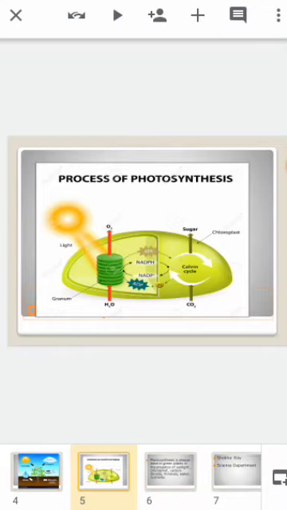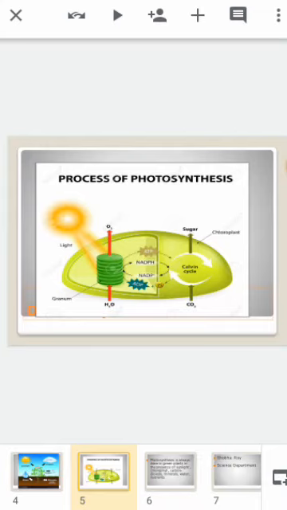This part is called granum, and in the granum water is absorbed and O2 released.